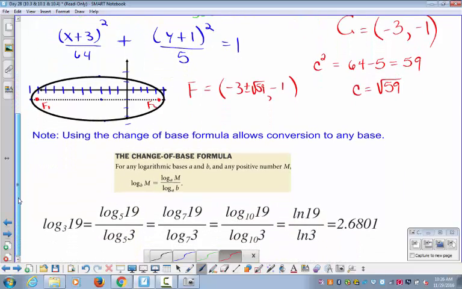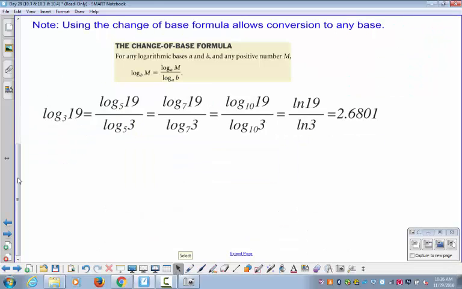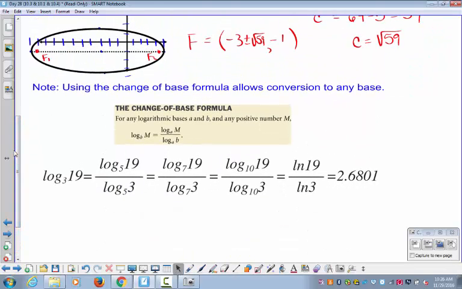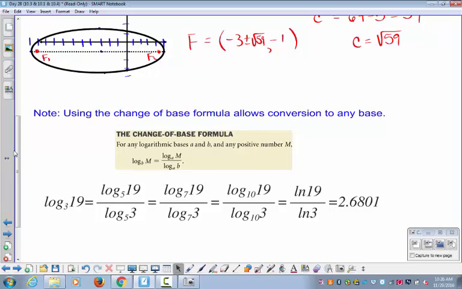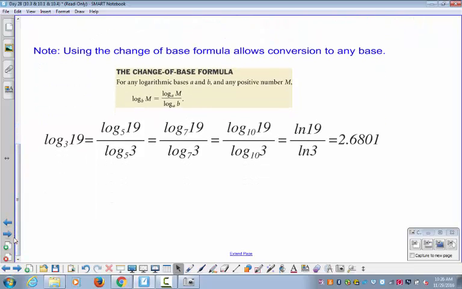Okay, one other quick reminder. I reminded you this before, but this seems to be a confusing issue. The change of base formula, change of base can go to any base you want. When you look at most calculators, they don't have a base 3 or a base 5. Most only have common log, which is base 10, and natural log, which is base e.